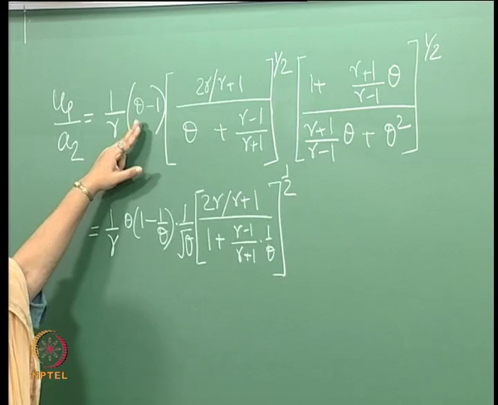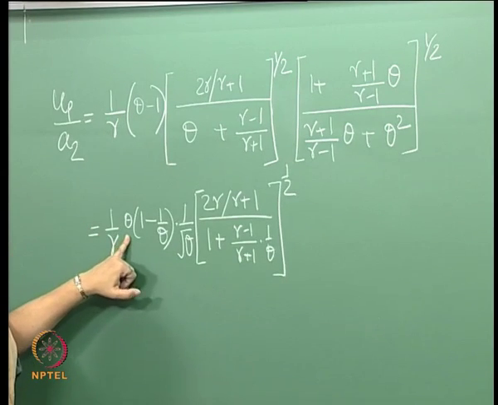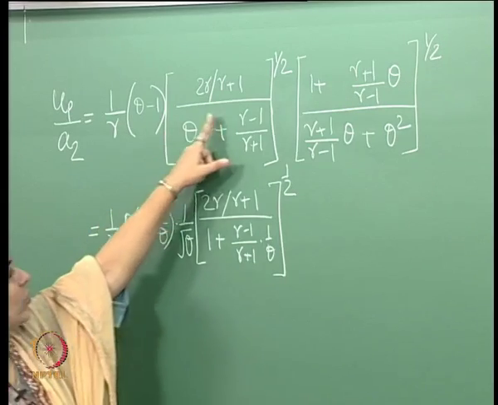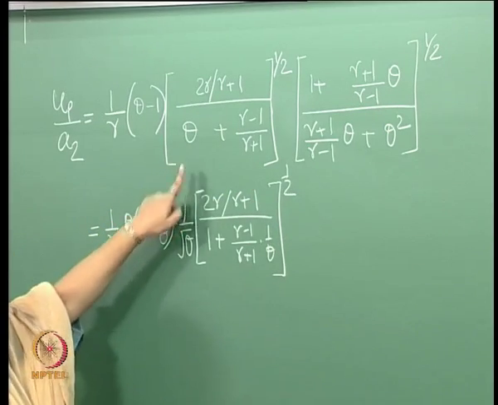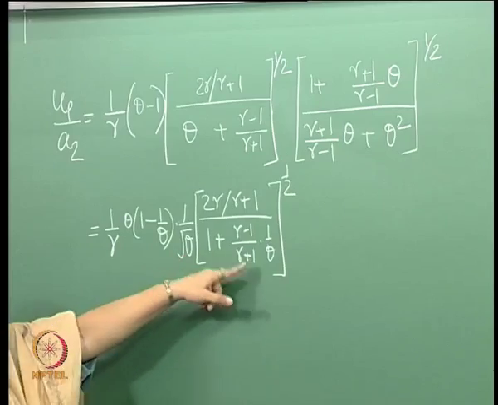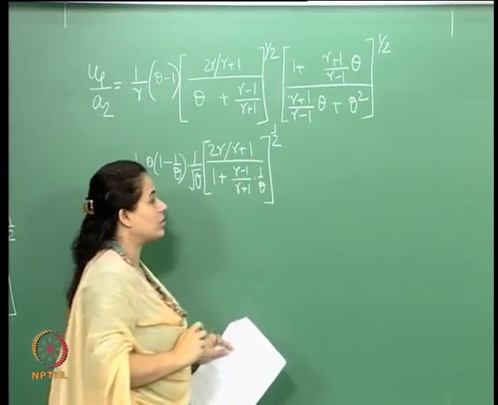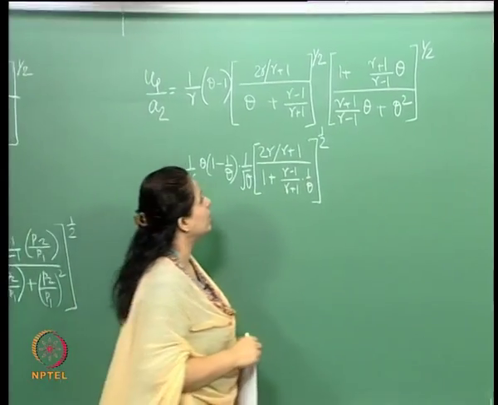I took theta out of this bracket here, so what I get is this. Then from the denominator I take a theta out, so then I get this here, and this expression becomes like that. Notice we have a square root, so hence the root of theta here.